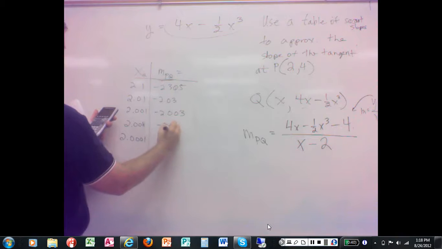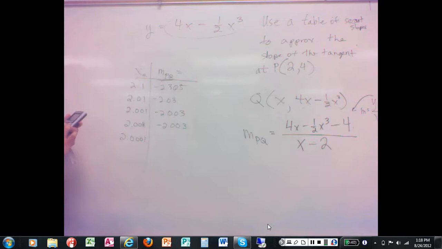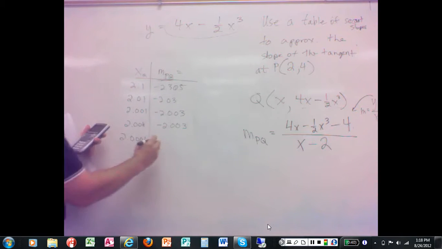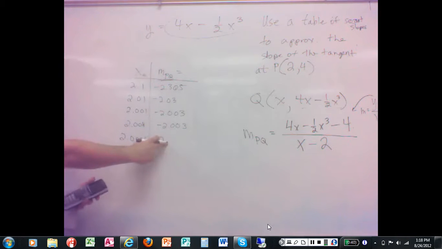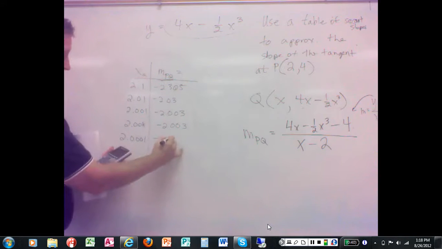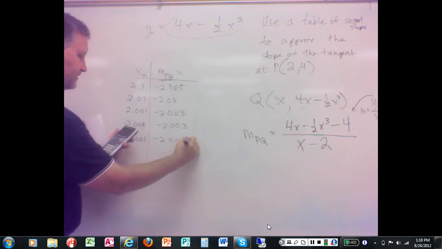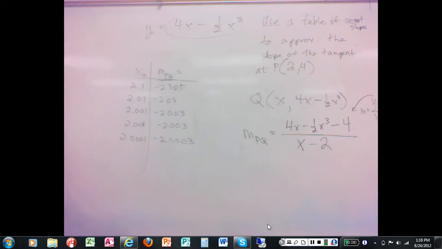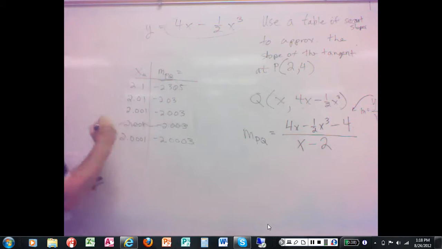It displays on mine as just negative 2, but you can arrow key over to see the rest.